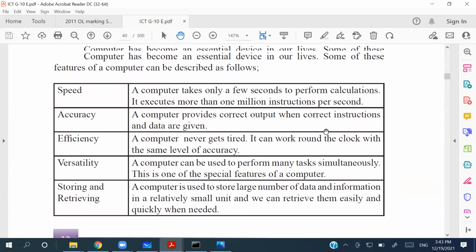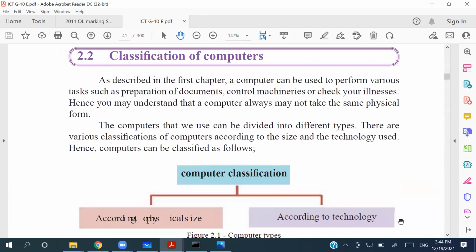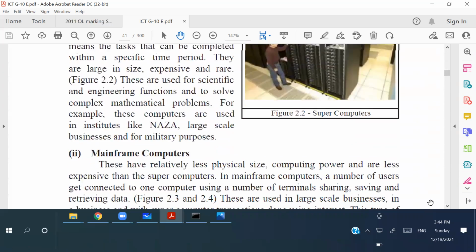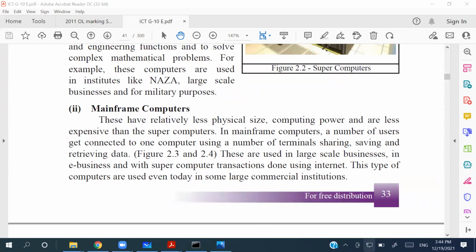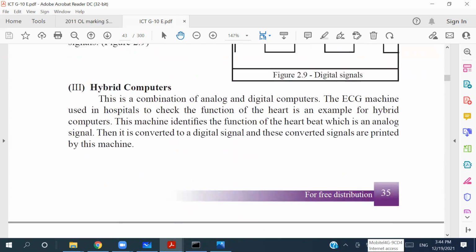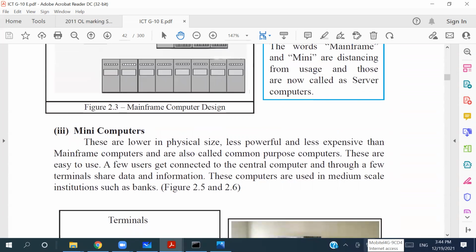Yes, Seran, it is not in your syllabus. They are just focusing on the physical size and the technology, right? So you can have marks for that, people. You people are just having the what?